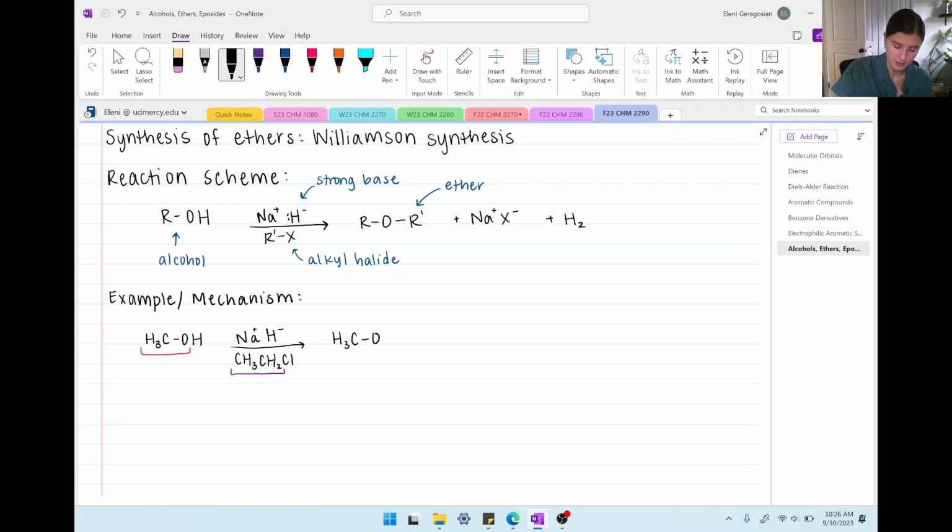So now we have our H3CO from the alcohol, and then the CH2CH3 from the alkyl halide. And this is our ether. Our byproducts are sodium chloride and hydrogen gas, dihydrogen.